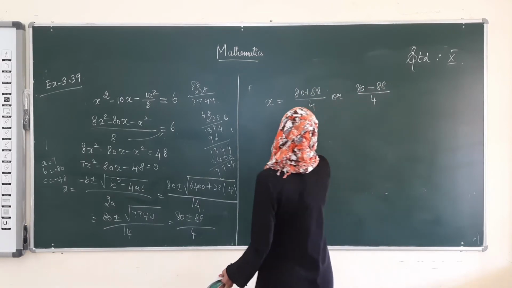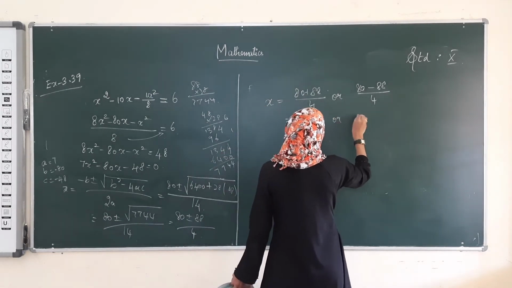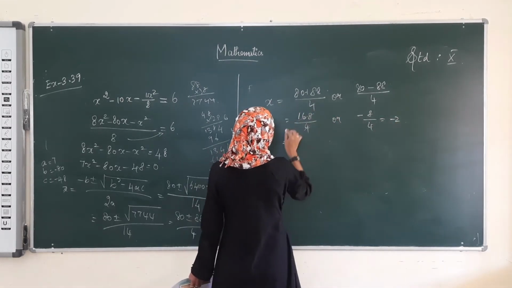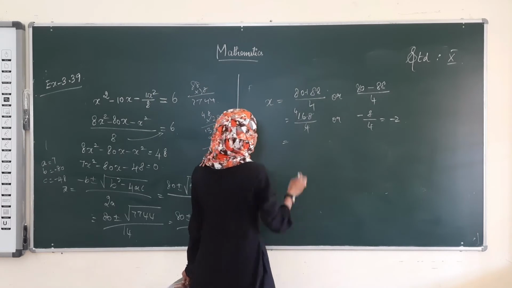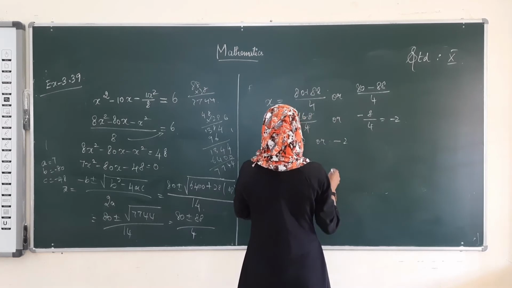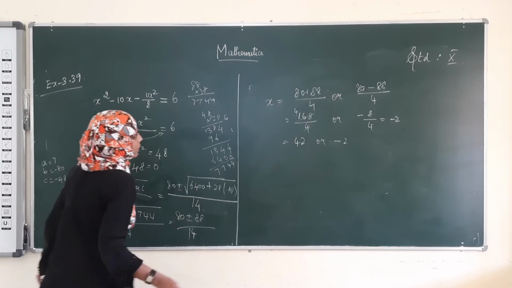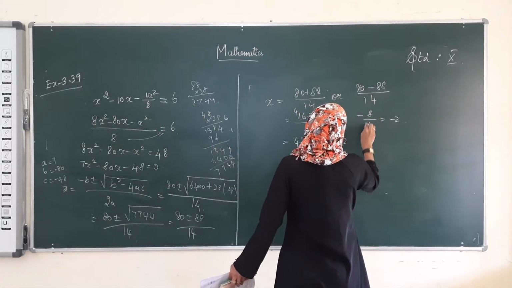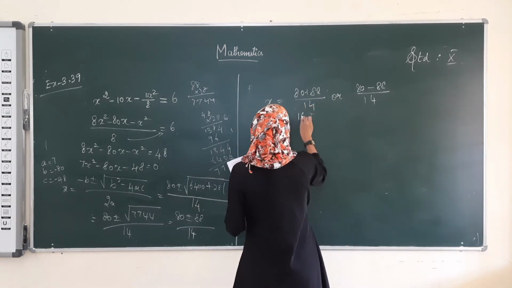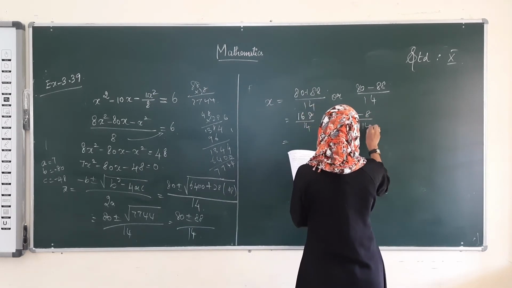See here, 80 plus 88 is 168 divided by 14, or minus 8 divided by 14.